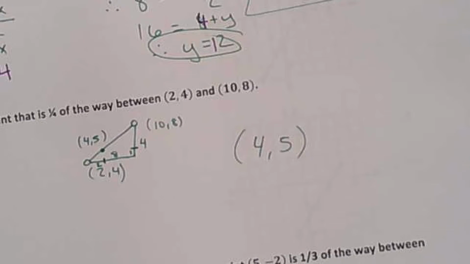Well, luckily, 4 is divisible by 4, so I can find the quarter point. It's 1. If this was centered on the origin, but it's not, right here, that dot's at 2, 4. So I add on 2 to my x value, and I get 4, and I go up 1 to get 5. Does that make sense? Right? So this is way easier than doing it algebraically, right? Like, that's a pain in the butt.